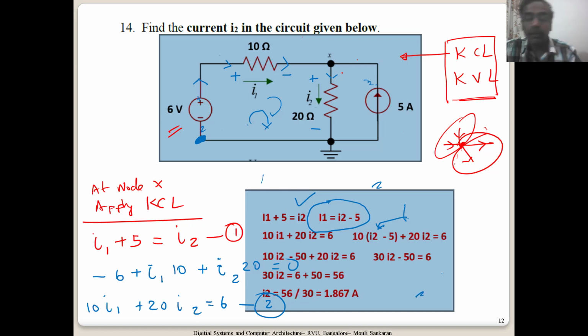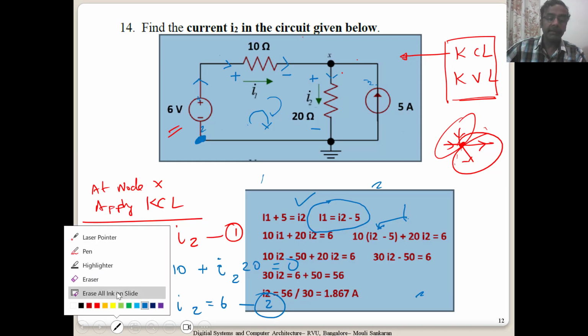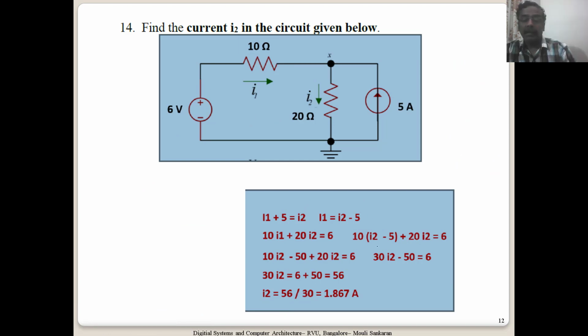Then I compute the value of, okay, now let me erase everything. Then you will have clarity on what is happening here. Two equations we found, and then we are substituting the value of I1 in terms of I2 and expand it out, and we get this value.